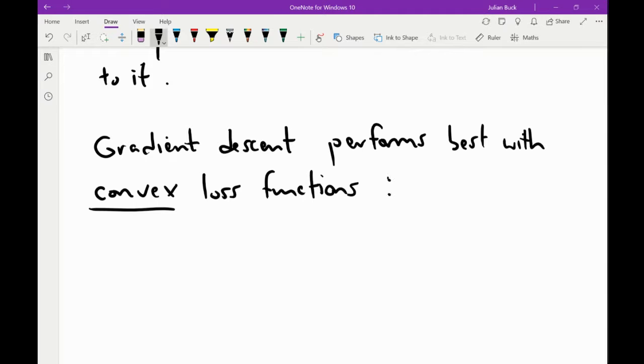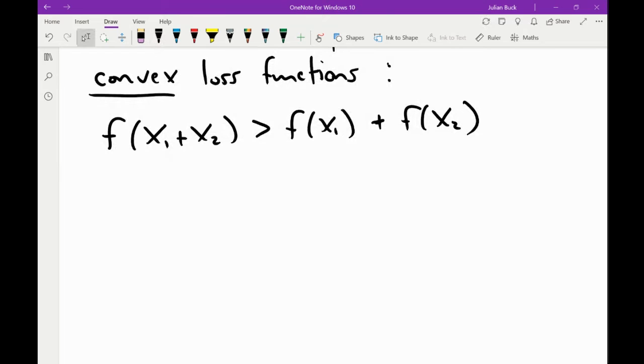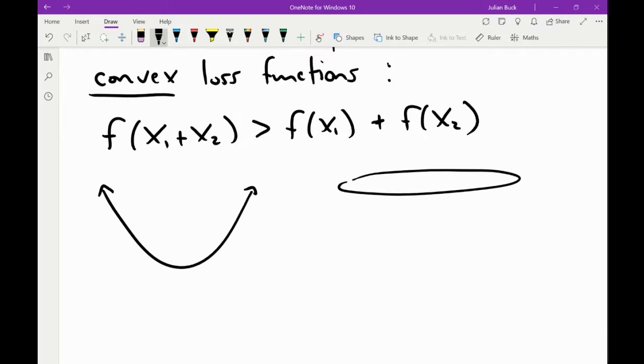Generally speaking, convexity means that if you apply the function to the sum of features, that is going to be greater than if you apply the function to the features individually and then add the target values together. Geometrically, these are the kinds of shapes we've been drawing: a parabolic shape in 2 dimensions, or the 3-dimensional version, some kind of paraboloid, a bowl-type shape.